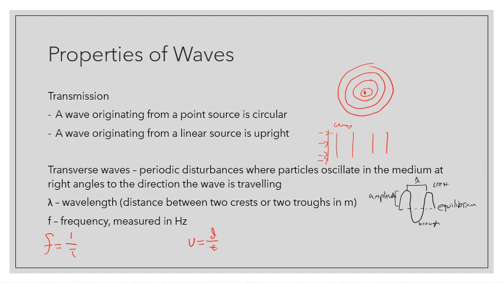If we make it velocity is equal to wavelength over time, since wavelength is in the same unit as displacement, we get the equation v is equal to f times lambda. So the velocity of a wave is equal to its frequency times its wavelength.